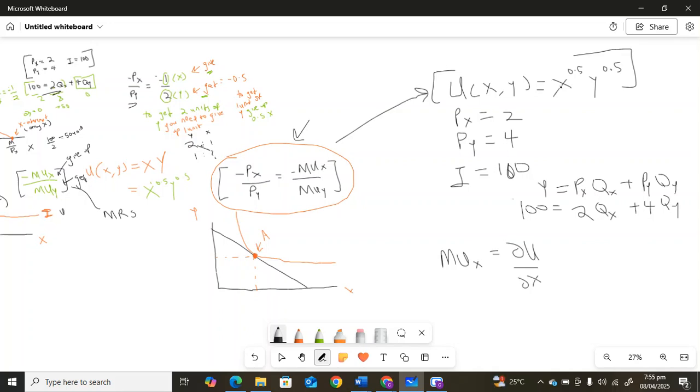Remember from calculus differentiation, if we derive this with respect to x, we take the 0.5 multiplied by the coefficient, 0.5 times 1, you get 0.5.